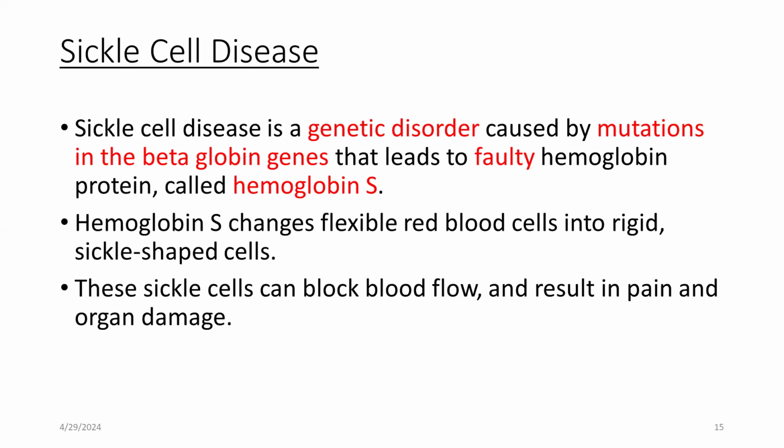We will see this in the figure ahead, and it will be self-explanatory, and I will explain it as well. These sickle cells can block blood flow and result in pain and organ damage. This is very important, and you should know about it. These are the consequences of the sickle shape. Otherwise, everything would be okay if they were spherical, and the blood would run smoothly across the blood vessels.